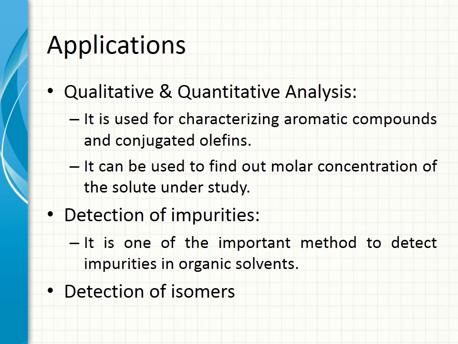So the sample may be containing impurities in it. Another important implication is that different isomers of a substance have different patterns of absorbance. So by having a spectrum of absorbance, we can find out the nature of various isomers present in a given substance.